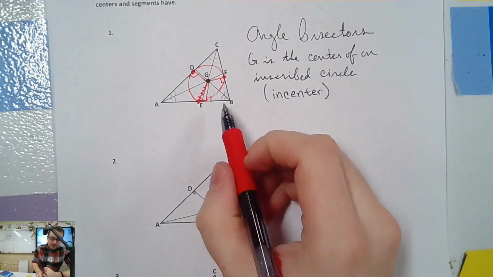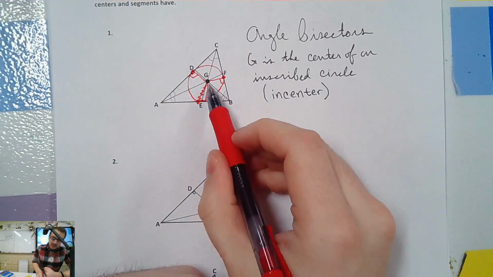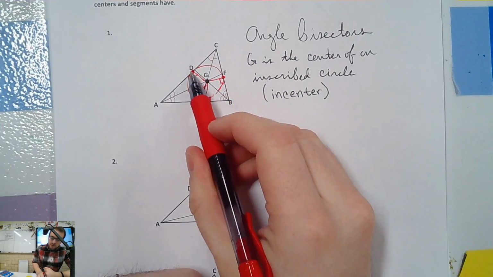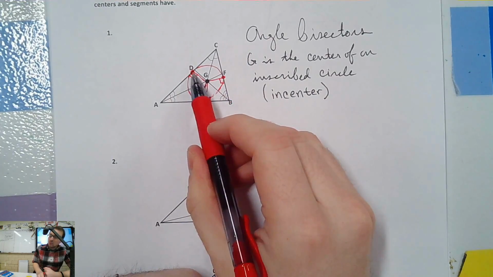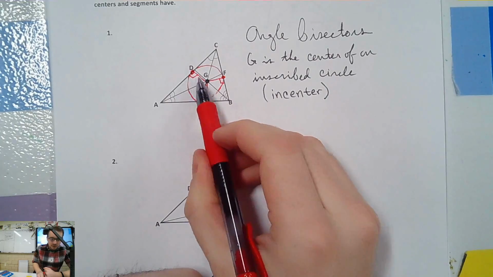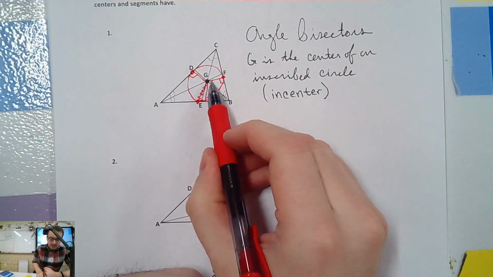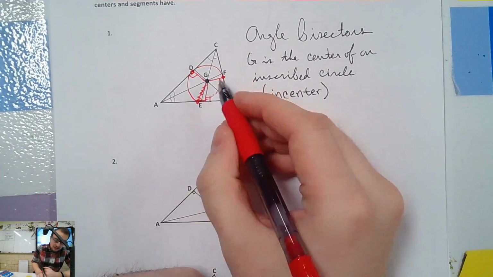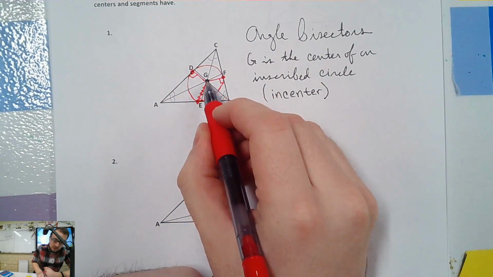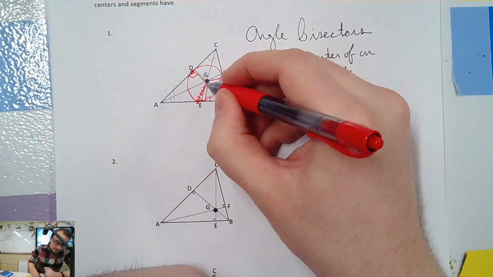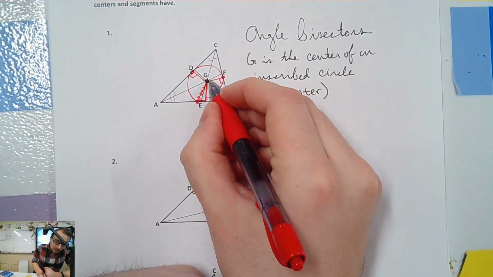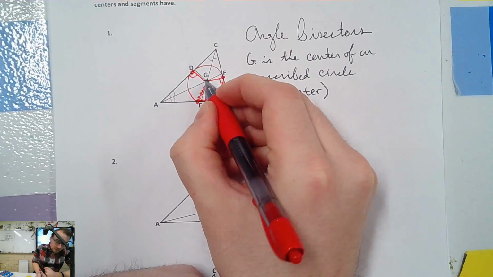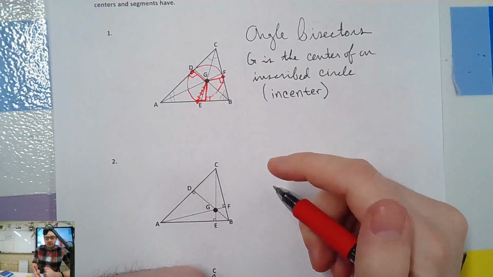So, guess what? All these lines that go to the sides, since they're on the circle, go from the center to a point on the circle. What do we know about these segments right here? The ones I drew. They're right angles and what? Same thing. They're radii.